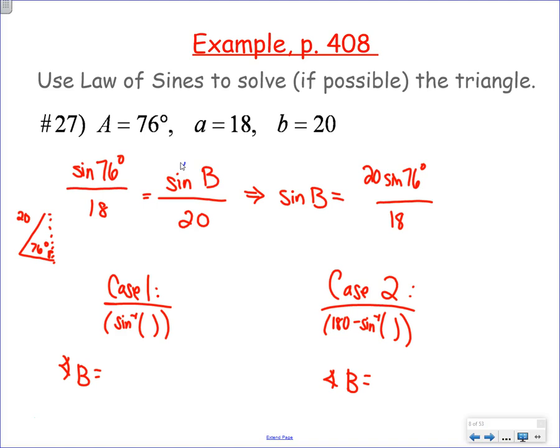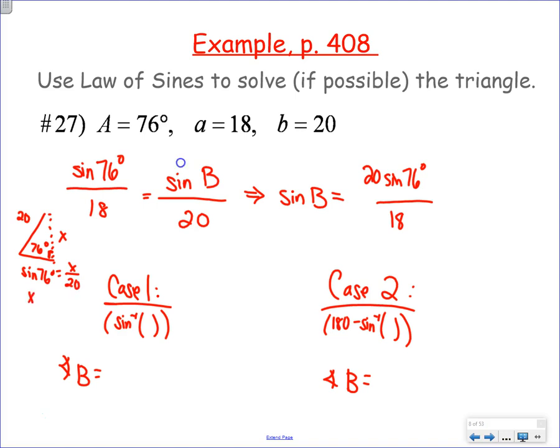If I can find this third side as though it's a right triangle, that's the shortest possible third side that can even connect. So I would use the sine value. Sine of 76 equals x over 20, opposite over hypotenuse.